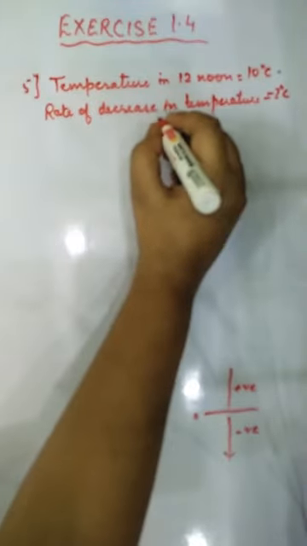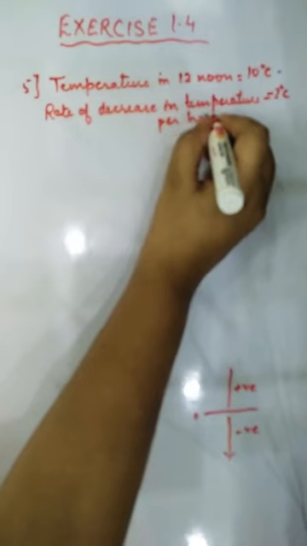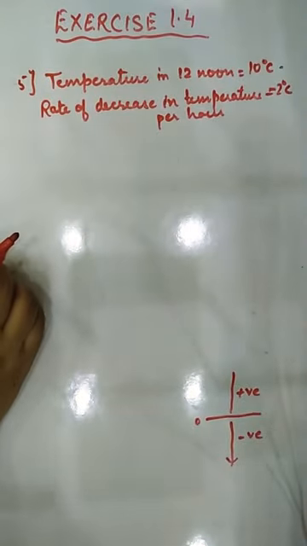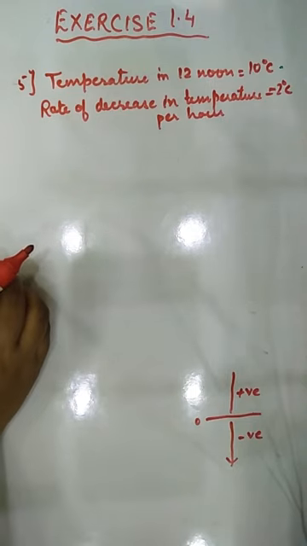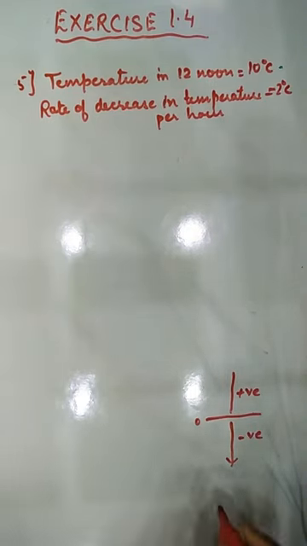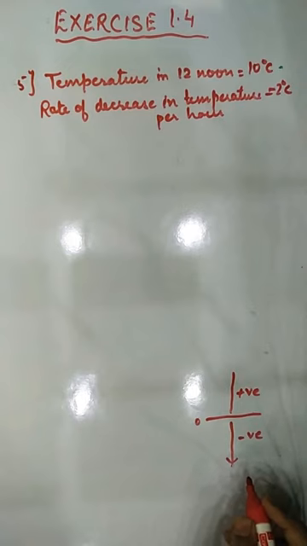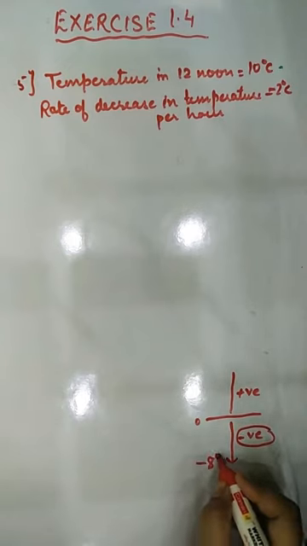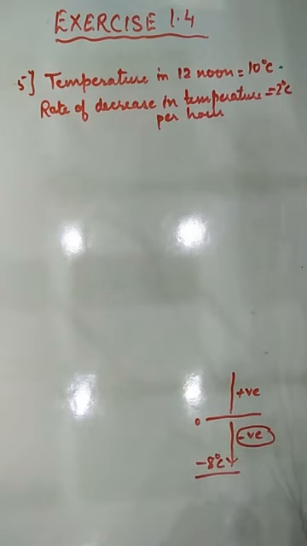Decrease in temperature per hour, 2 degrees Celsius. Now the question is saying at what time would the temperature be 8 degrees Celsius below 0. So the sign will be -8 degrees Celsius.